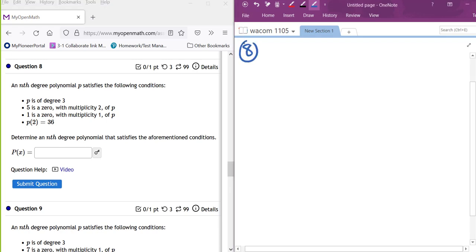So question 8 tells us we have an nth degree polynomial with the following conditions. P is of degree 3. That's important because that tells you how many zeros you're going to get. 5 is a 0 with multiplicity 2. 1 is a 0 of multiplicity 1.